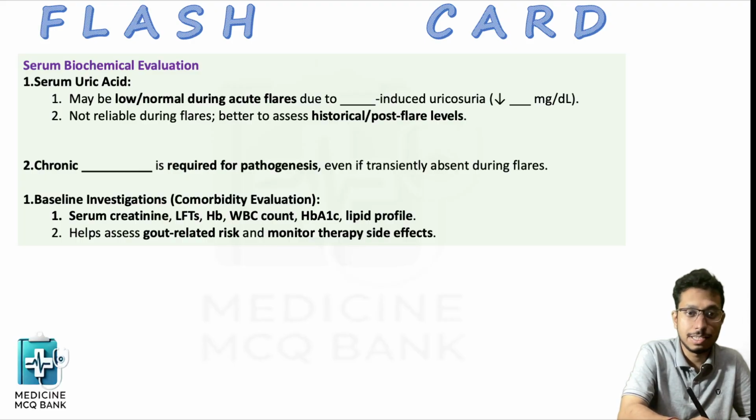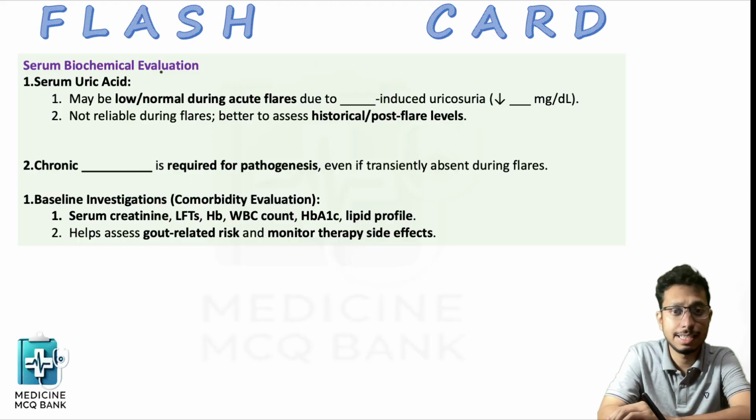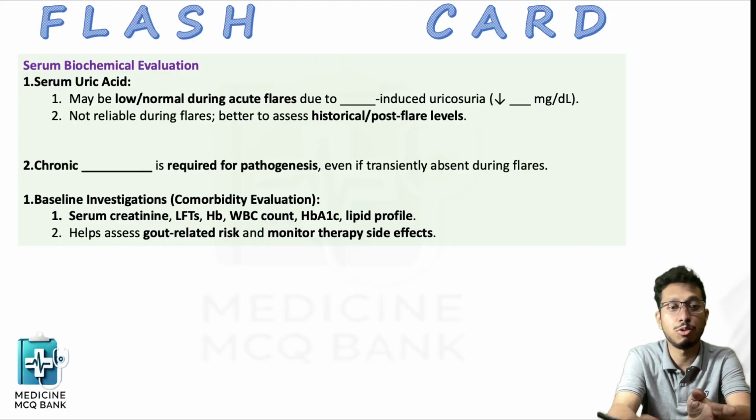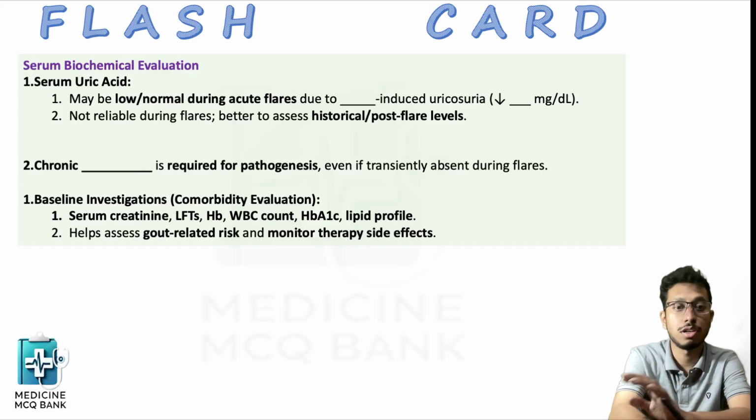So, let's revise a flashcard for now. It says serum biochemical evaluation. So, what are the lab tests that you go for in a patient with gout? Serum uric acid may be low or normal during acute periods due to cytokine-induced uricosuria. What is it?